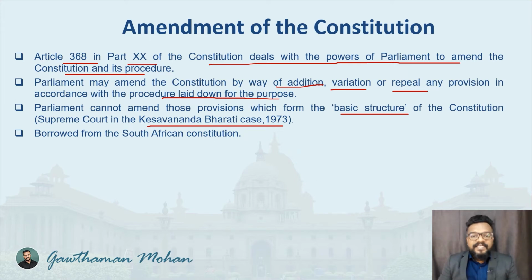Like the fundamental rights are adopted from the American Constitution, the fundamental duties from the USSR, the amendment procedure from the South African Constitution, and the DPSP, Directive Principles of State Policy, from the Irish Constitution. So like that we have adopted many things, and in the same way we have adopted the amendment procedure from the South African Constitution.